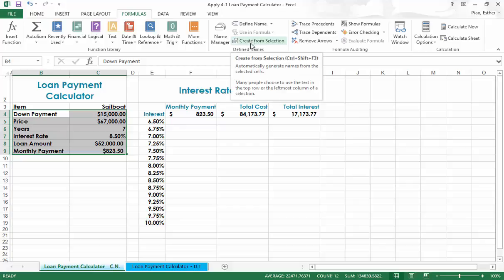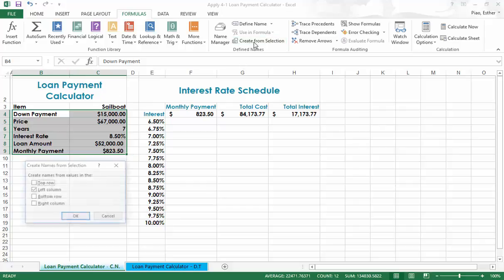It means that we are going to create names for these data in column C with what's in column B. So the name of this C4 is going to be whatever value is now in B4.